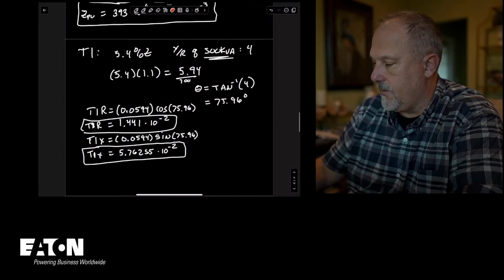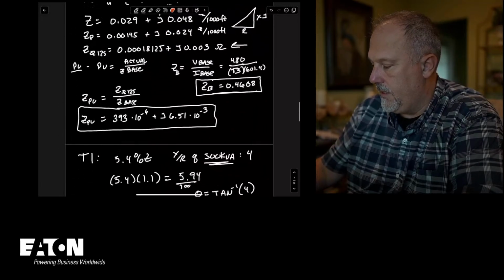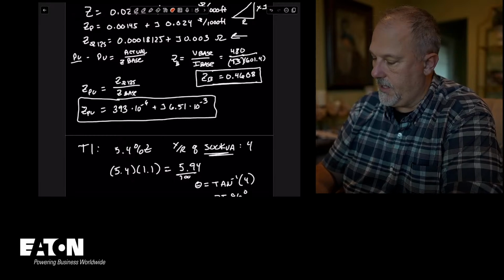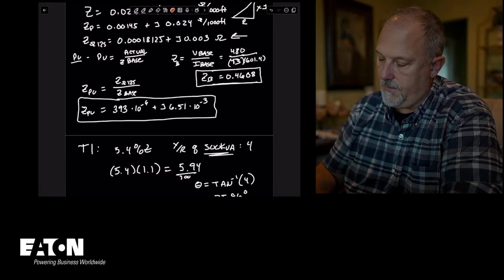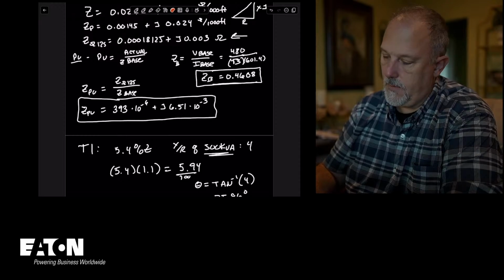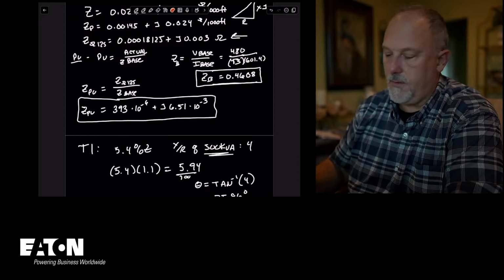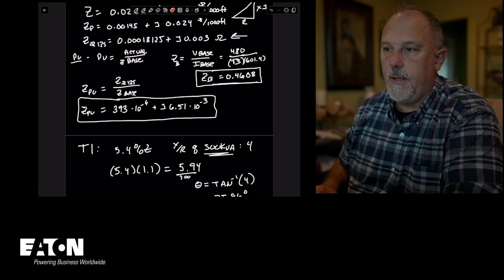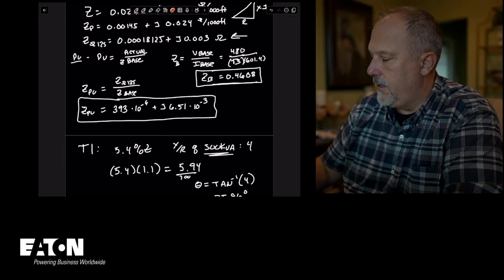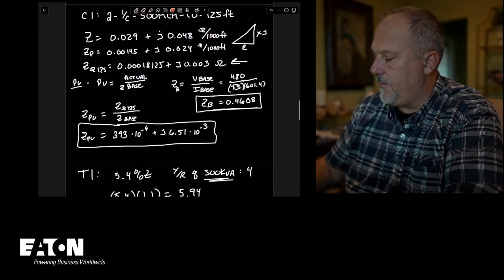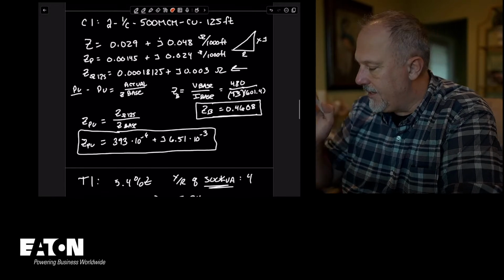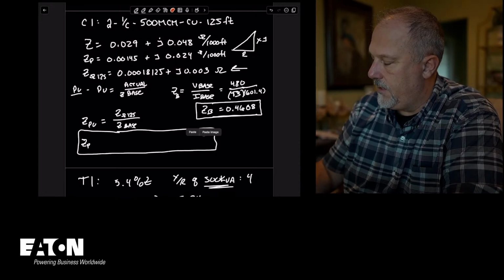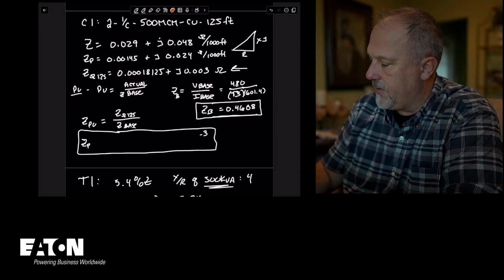Let's do conductor 1. 393 times 10 to the negative 6. 0.000393. I am off by 10. That's the other issue I got going on. Let's double check this number right here.